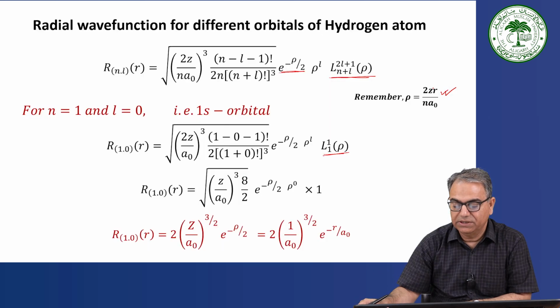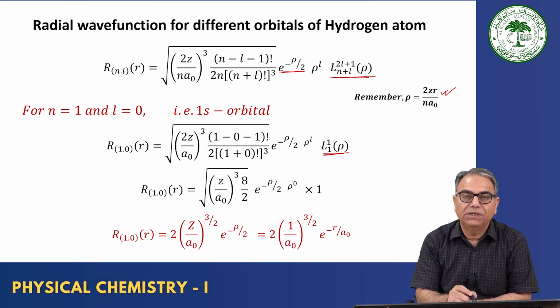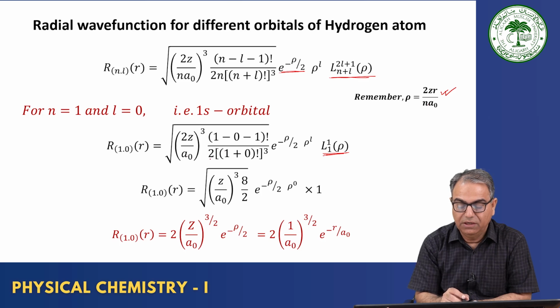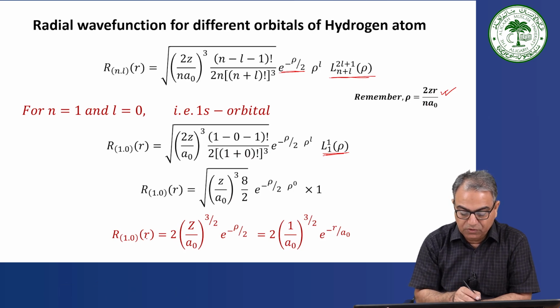So now, with L 1 1 of rho equal to 1, the rest is simply calculating the normalization constant. So it is 2Z divided by a0, n is equal to 1, 1 minus 0 minus 1 factorial, 2 into 1, and 1 plus 0 factorial, raised to the power 3. So your R10 comes out to be 2Z divided by a0 to the power 3 by 2 exponential minus rho divided by 2.